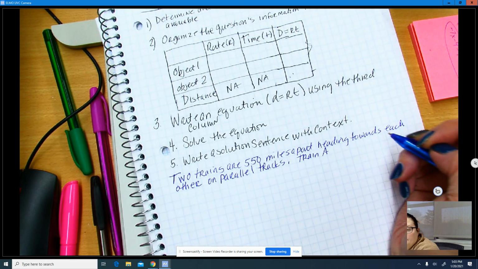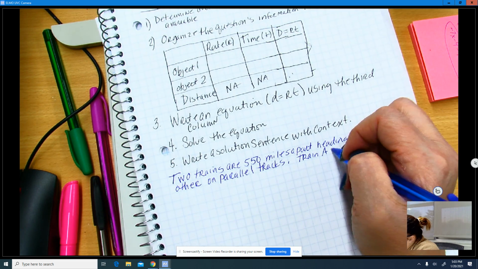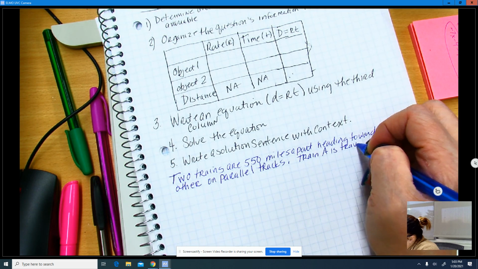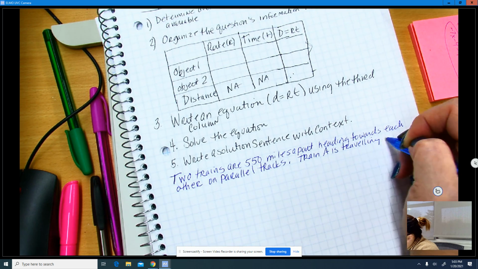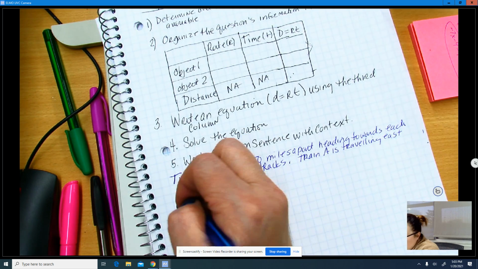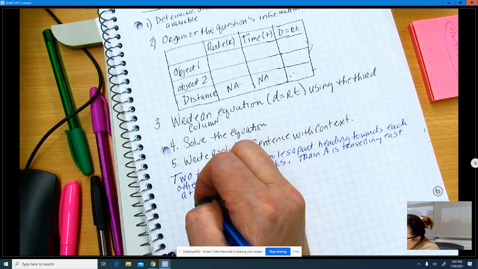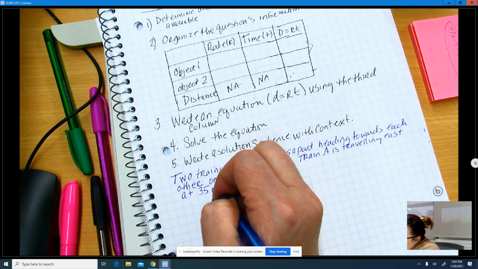Train A is traveling east at 35 miles per hour.